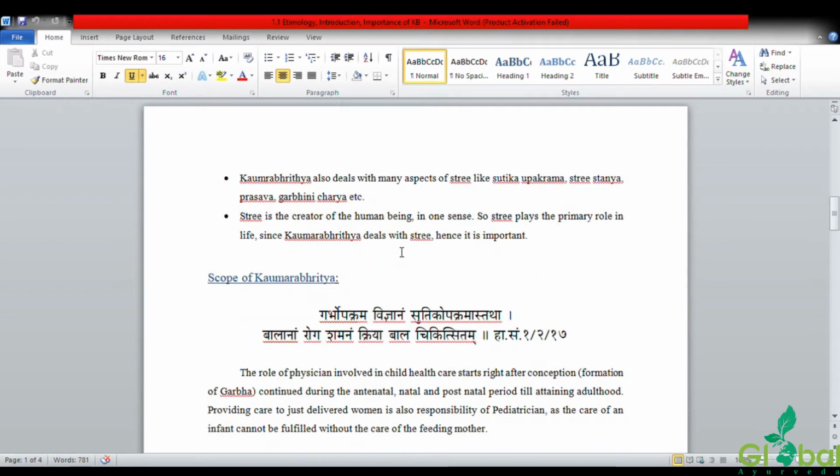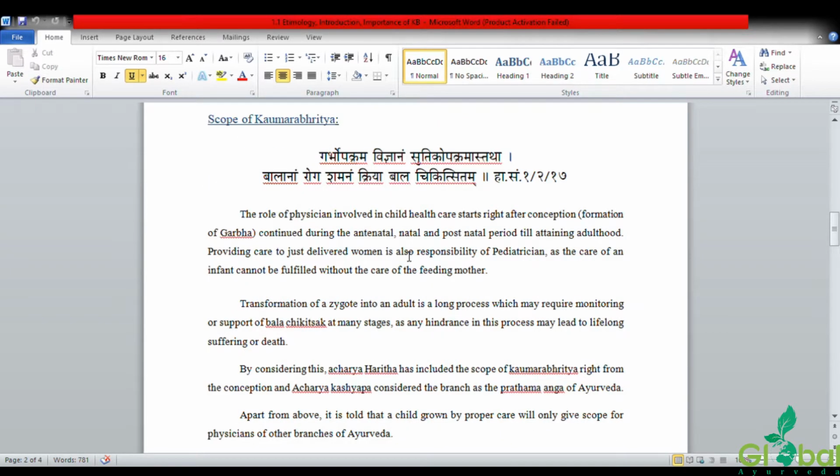Next we will see what is the scope of Kaumarbhritya. गर्भोपक्रमविज्ञानं सूतिको उपक्रमस्तथा बालानां रोगशमनं क्रियाबालचिकित्सितम्. So the role of the physician involved in child health starts right from the conception.